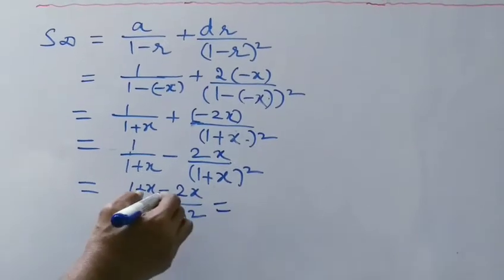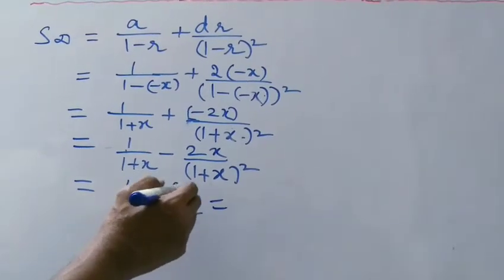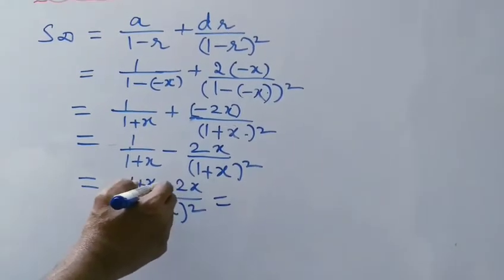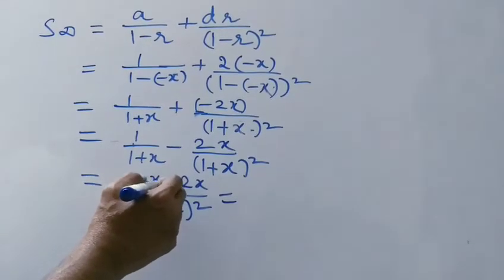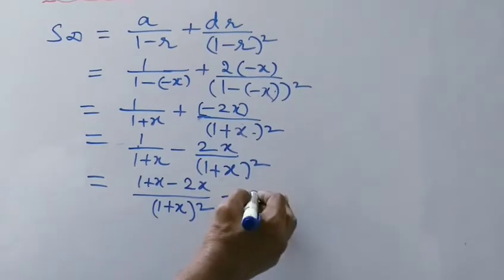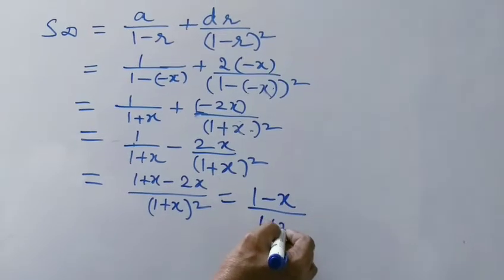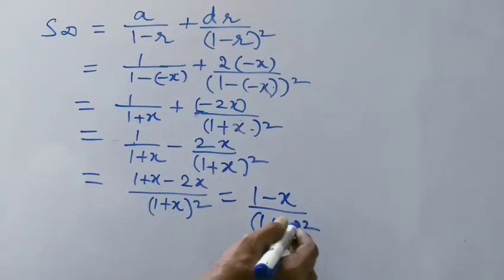This is equal to 1 plus x minus 2x by (1 plus x) whole square. Minus 2x plus x, 1 minus x by (1 plus x) whole square.